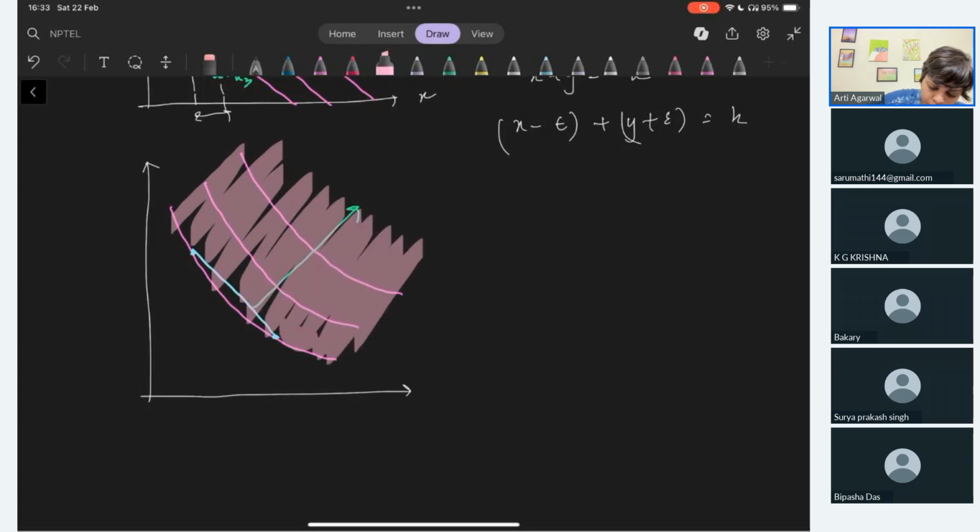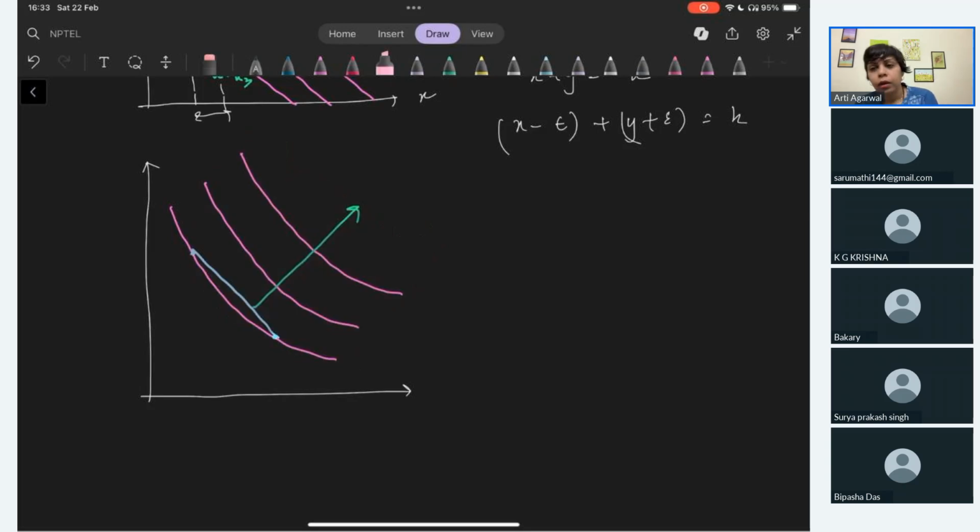So if you see, any area above this pink curve, just ignore that slight shading which has gone below it. Any area above that pink curve is more preferred than the lowest pink curve, right? If you call this, say, U is equal to K1, right?